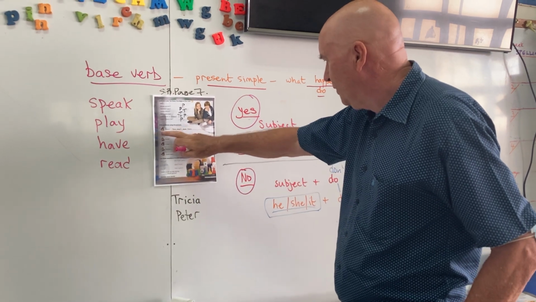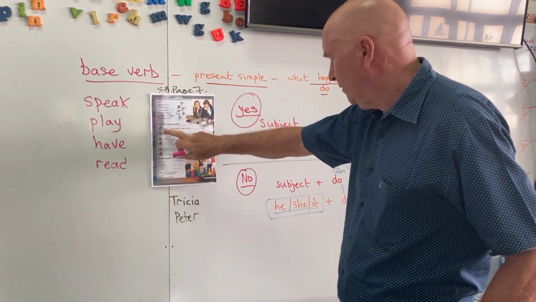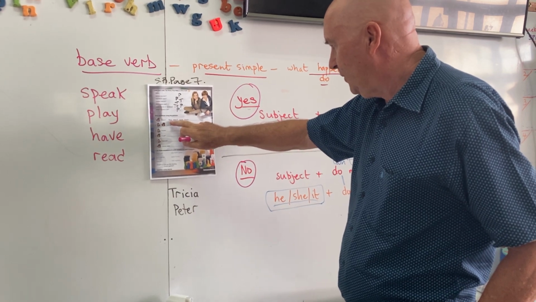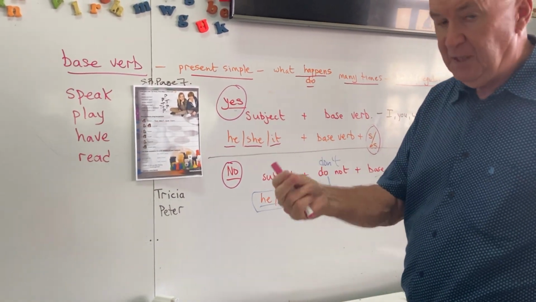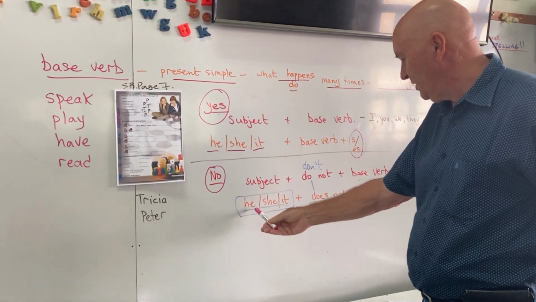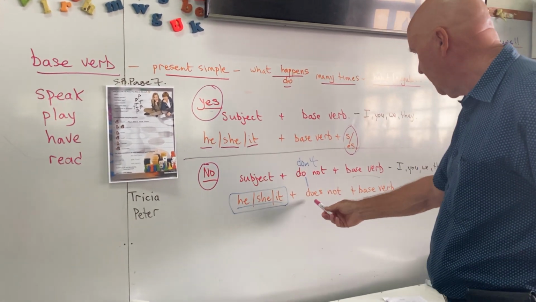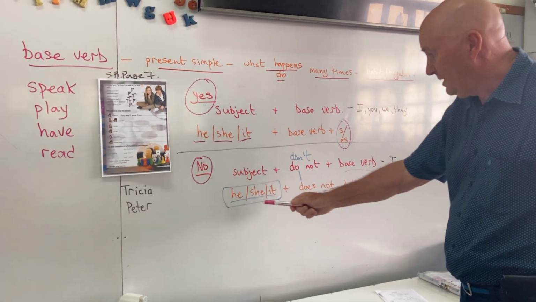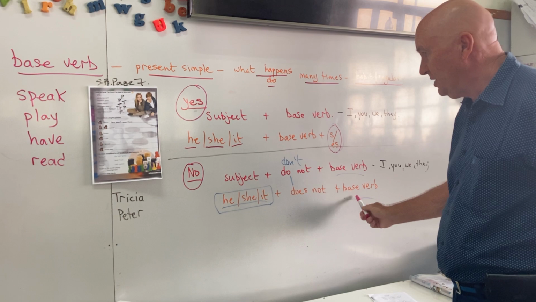Right. So, Peter, French? No. So, you're going to say, Peter is a boy, he. So we're saying no, so it's going to be he, Peter, does not speak. Subject is one boy, he does not speak.